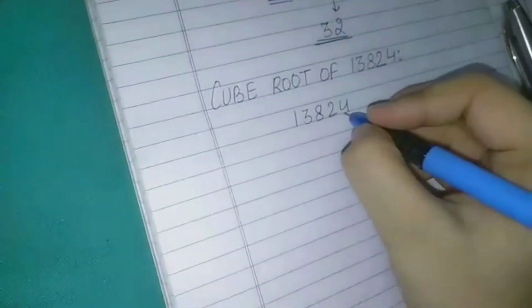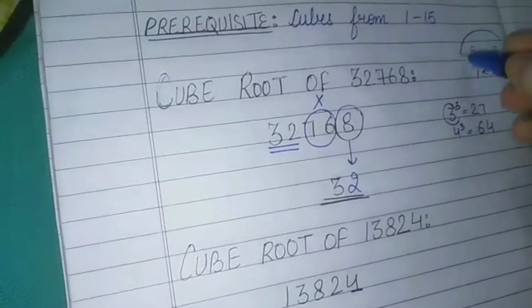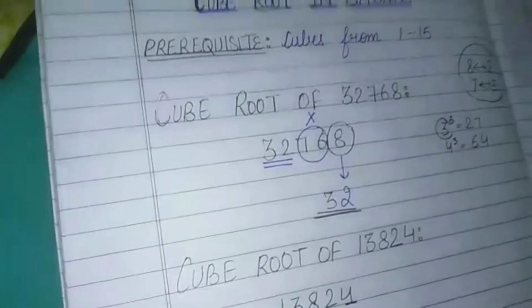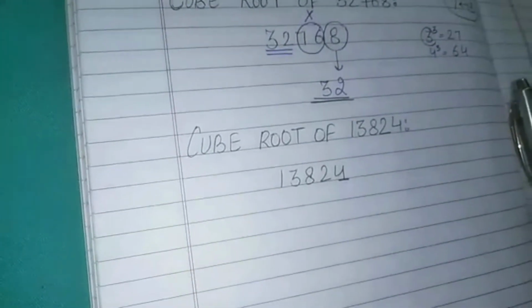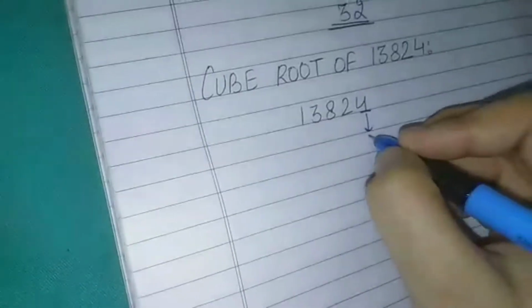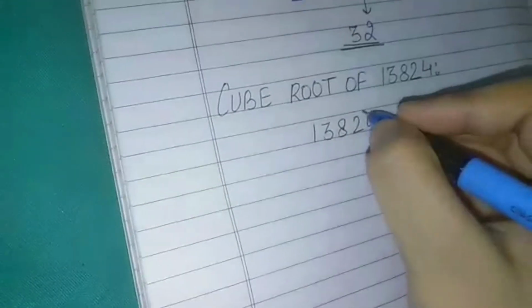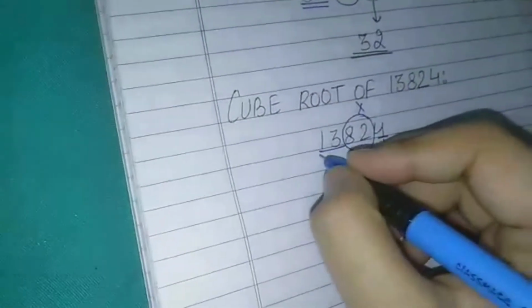Now the last digit is 4. We just need to replace 8 with 2 and 7 with 3 and vice versa. We don't need to replace any other digit, so 4 will remain the same. Next we are going to cancel out the next two digits, that is 82, and now here we get 13.